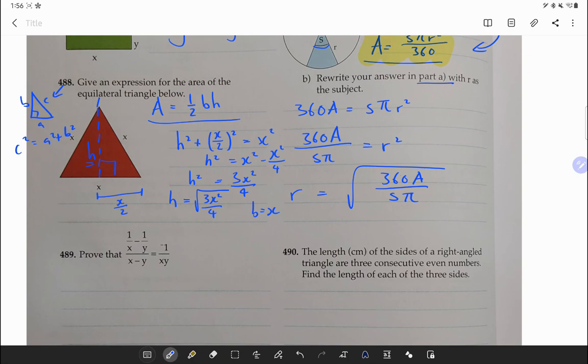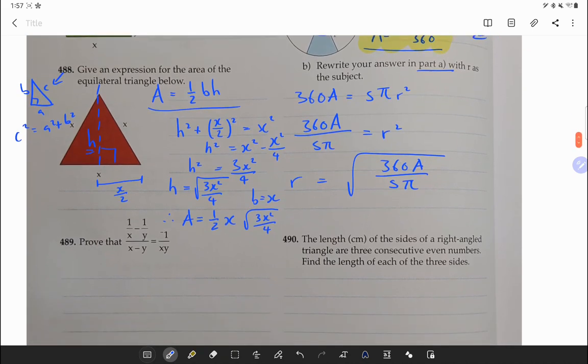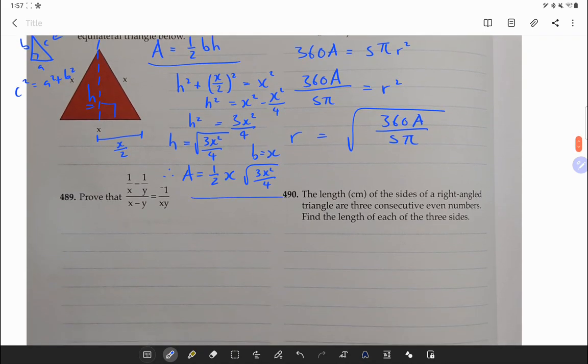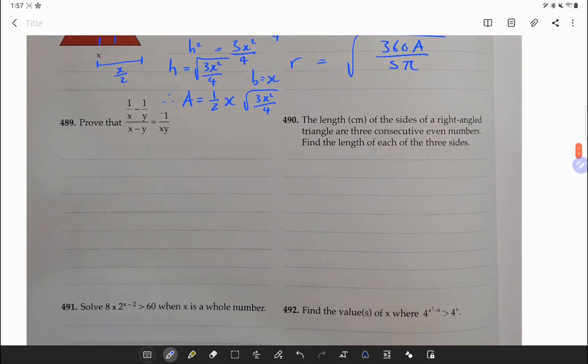So the area is half times x, and then the square root, because that's our h. And there you have it. Moving on. I guess you could try to simplify that a little more, but I'm going to move on.